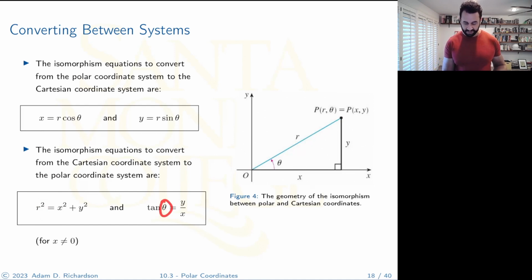And remember, there are infinitely many angles that have this tangent value, y over x. So you have to pick the correct angle, and you have to pick the correct value of r. And there are many ways for you to pick. You just have to think about the point that you were trying to describe and ask yourself which representation you want to use.